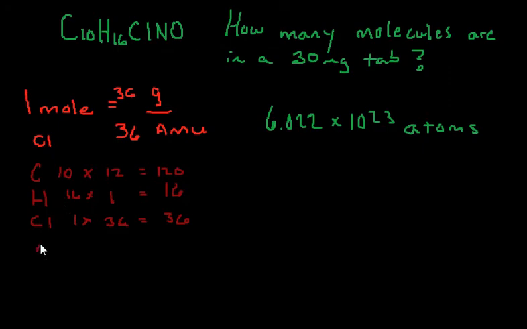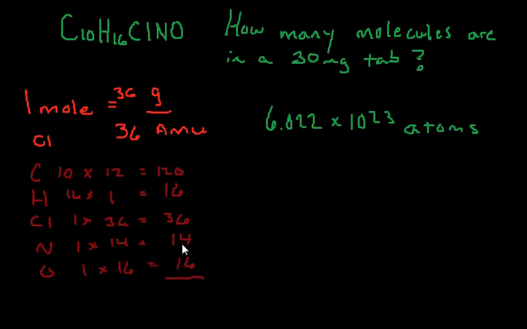Nitrogen: we just have 1 atom with an atomic mass of 14, so we have 14. Then oxygen: we have 1 atom of oxygen with an atomic mass of 16, so we get 16.